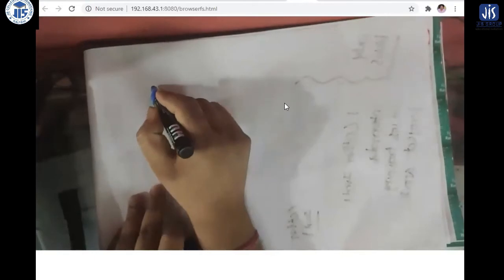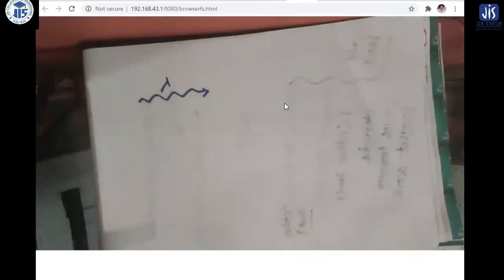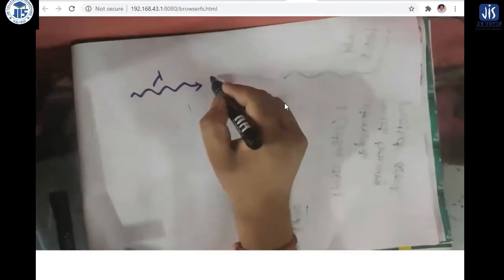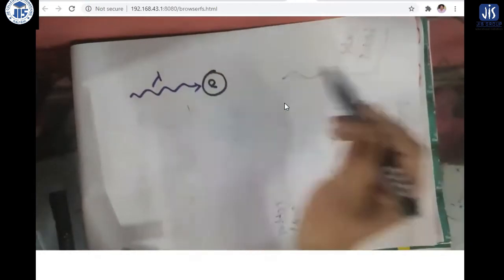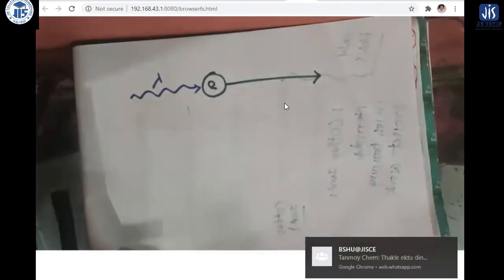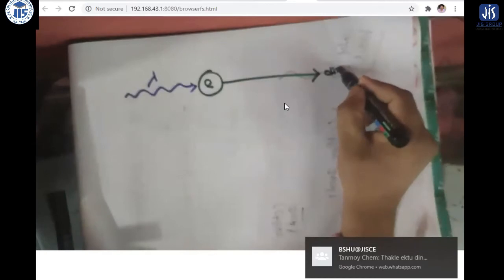Suppose I've got radiation incident of wavelength lambda, and suppose this is the matter. Suppose this is incident on one of the electrons. Now, if it is incident on a matter, what will happen? This is the direction of incidence.